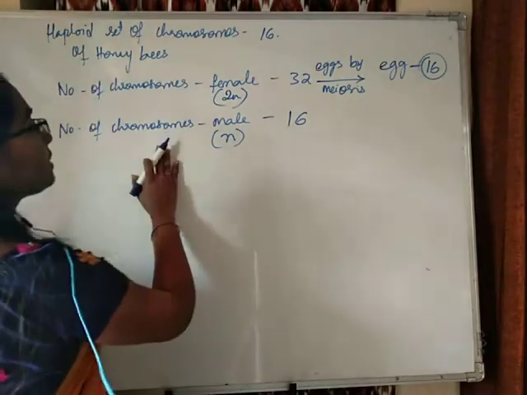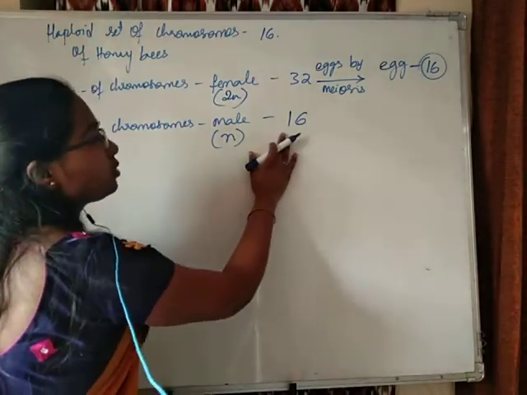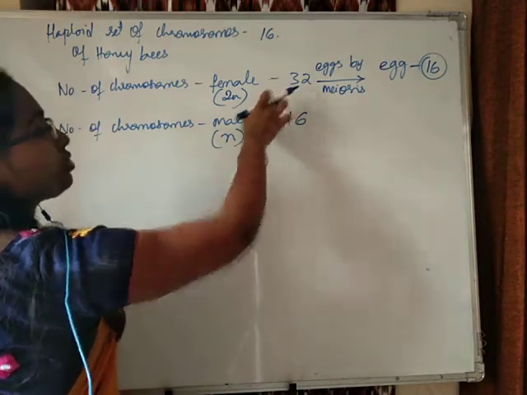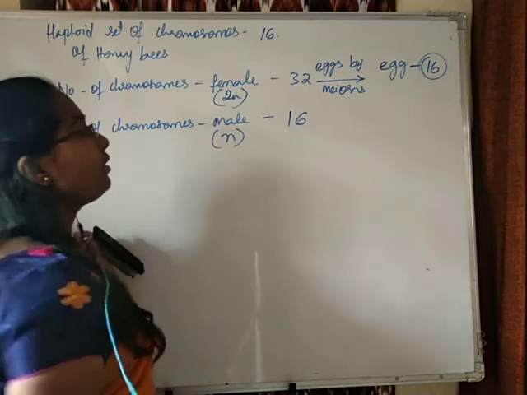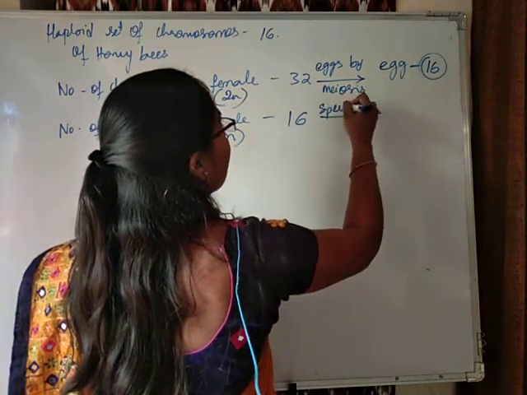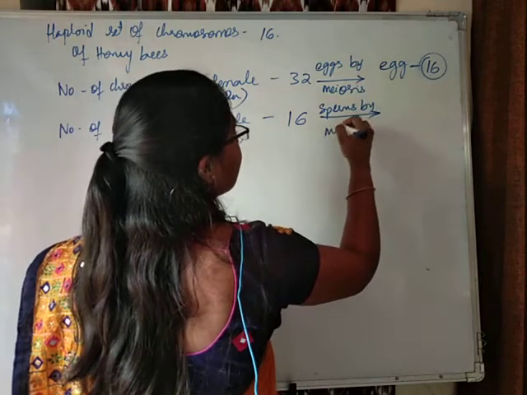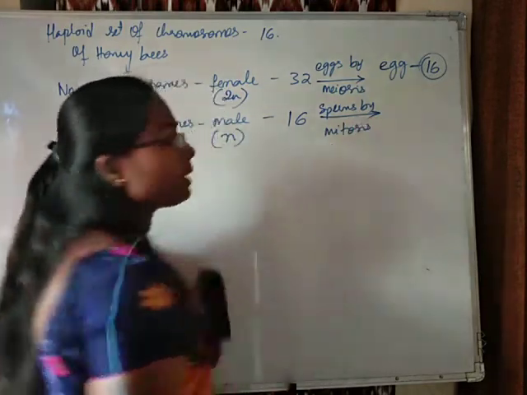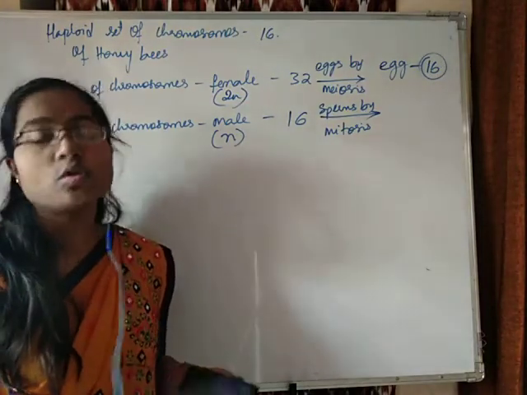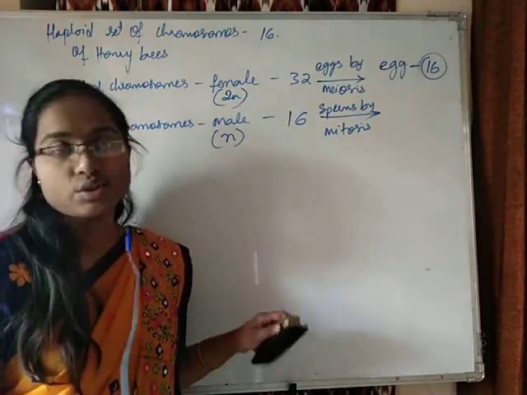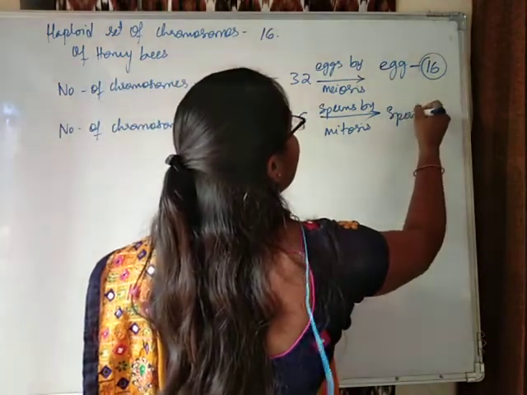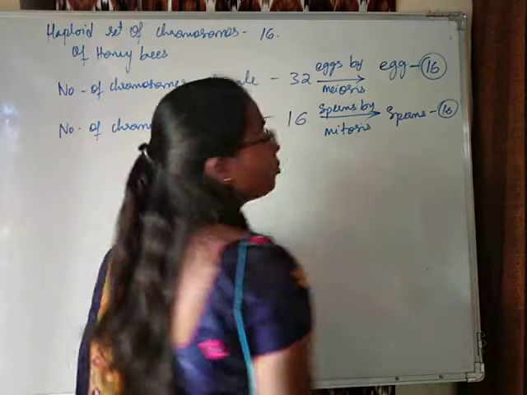Whereas males have only 16 chromosomes, but they have to contribute to the 32-chromosome condition of the females. So for that reason, males produce sperms by mitosis. During mitosis, the number of chromosomes does not change, so the sperms contain 16 chromosomes.